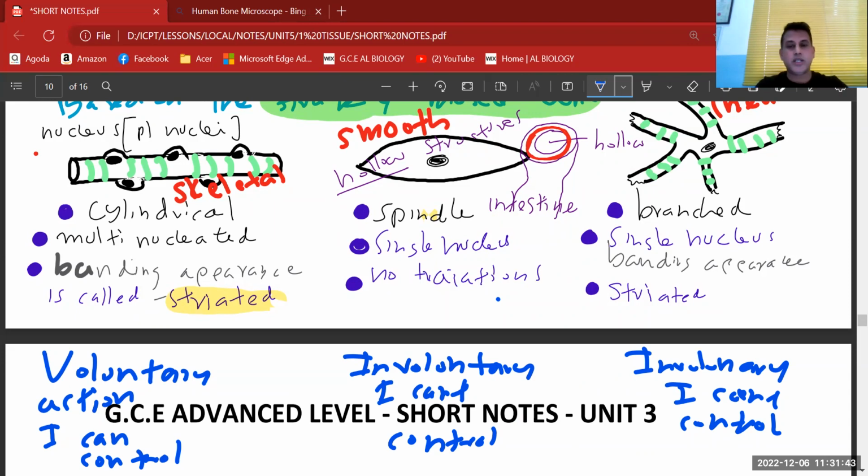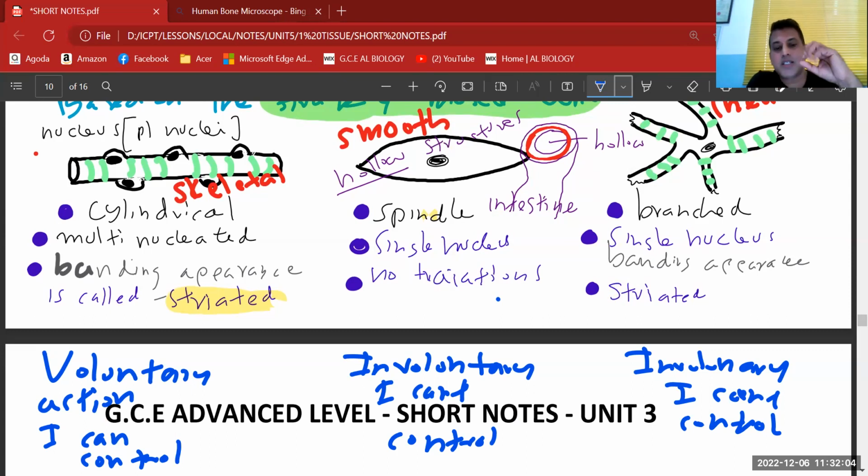Yes, when we're going to learn certain organs, then we say, okay, look, the intestine has smooth muscles. The smooth muscles can contract, and the esophagus is the tube going from the mouth to the stomach. Then we eat the food.